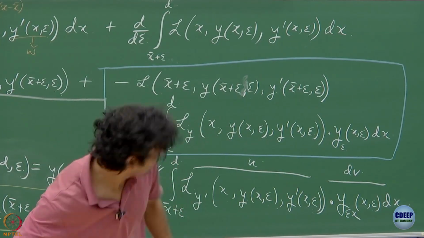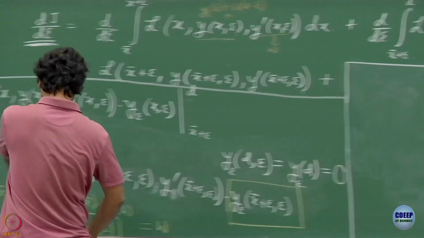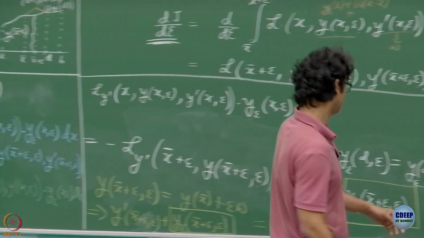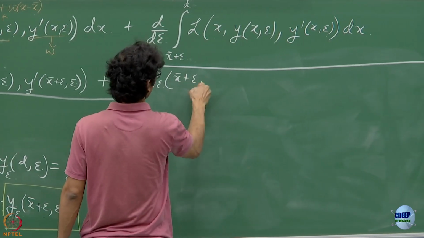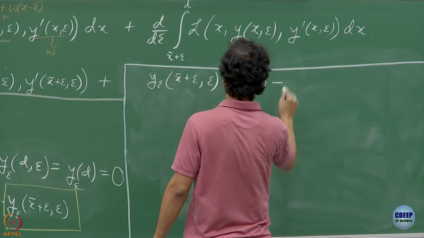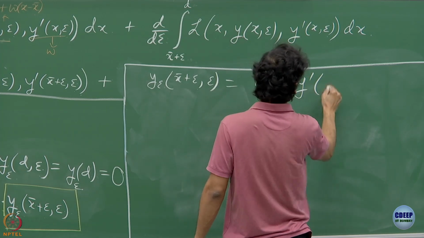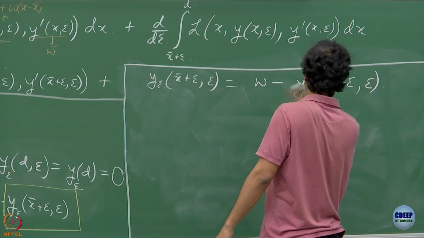Okay, let me clear up some space here. So what this yellow part tells me is that y_epsilon at (x bar plus epsilon, epsilon) is equal to w minus y' at (x bar plus epsilon, epsilon).